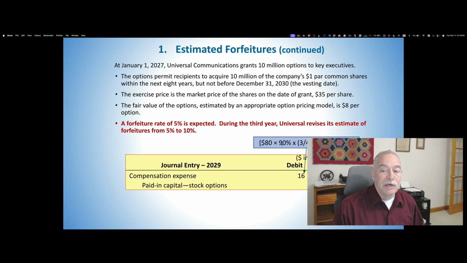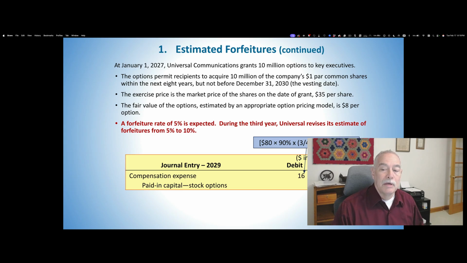That is 72 million times 3/4, which is 54 million. We have already recognized 38 million, and so the difference, 54 minus 38, is going to be 16 million. And that's going to be a debit to compensation expense and a credit to paid in capital stock options.